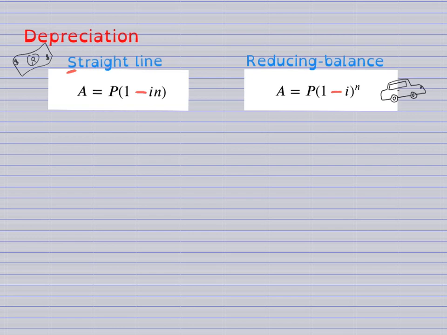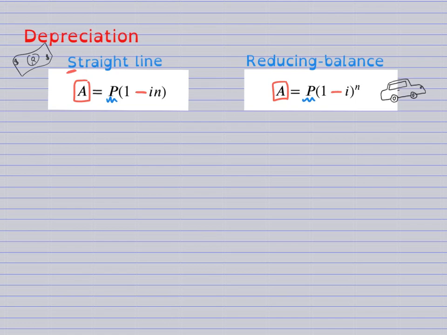Well, the way that these two types of depreciation work, the graphs are very similar to the graphs we see in our simple and compound interest formulae as well. Just that they're obviously working now in the opposite direction, right? We are losing value. So in simple and compound interest, our A value is usually the bigger value, because you put down your principal amount, that money earns interest, it grows, and then we have the accumulated amount at the end, which is more.